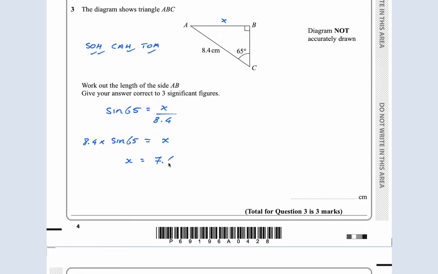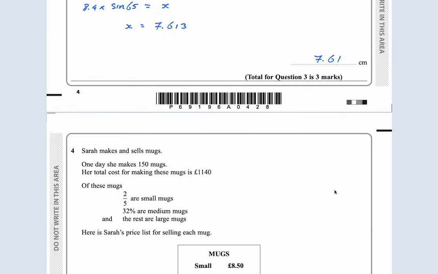And he says to 3 significant figures. So 1, 2, 3. So it's 7.61 centimeters to 3 significant figures.